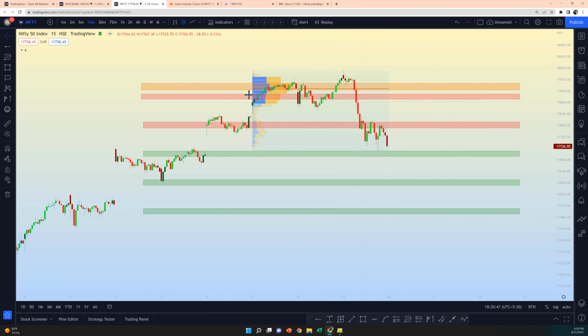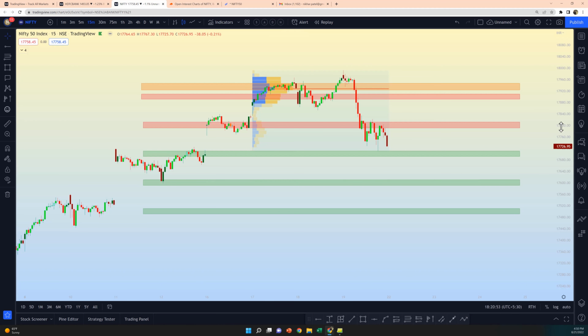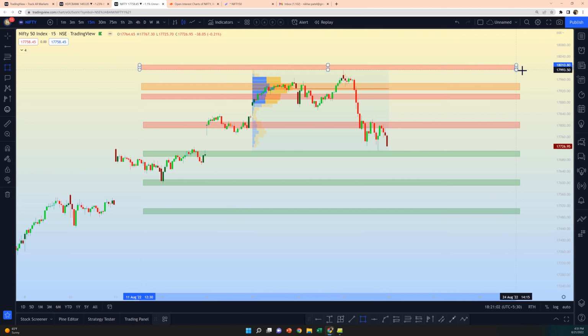So this is a huge resistance zone which you see here, and let's mark just one more resistance level, which is 18,000. Okay, so then our next resistance level becomes 18,010 to 17,990.